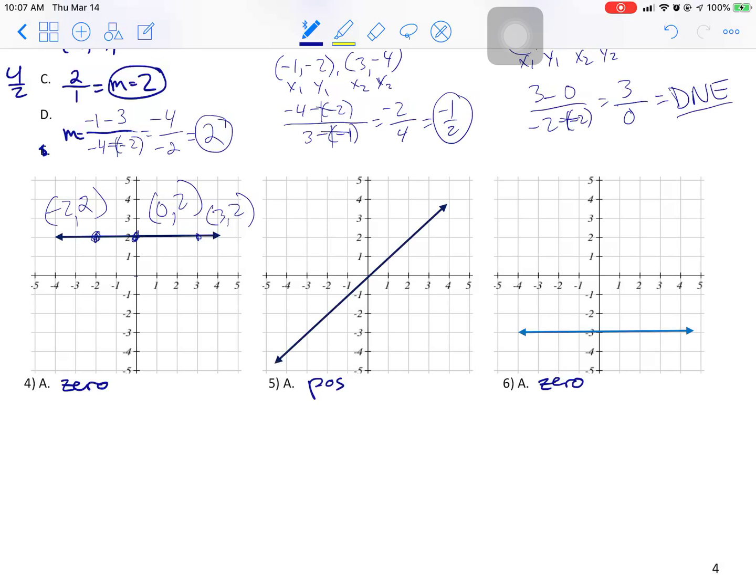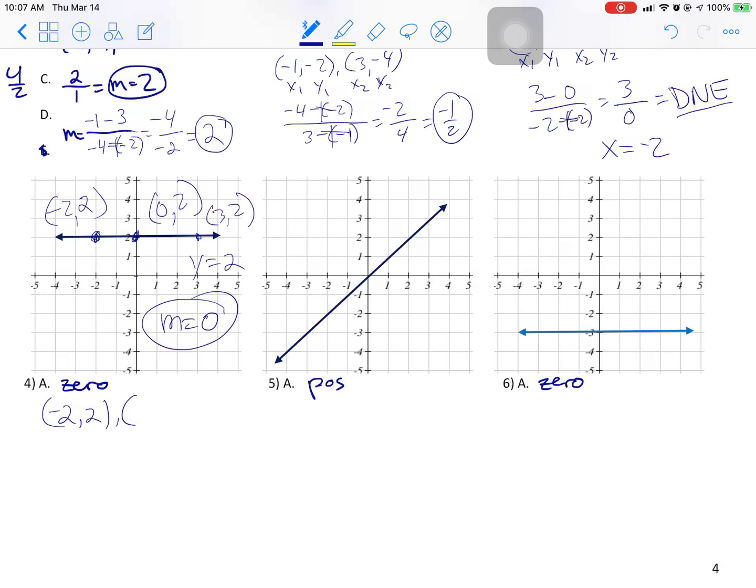We're going to get into the fact that this one is going to have the equation of the line of y equals 2. We'll get into that on the next one. But right now, those are the ordered pairs. So let's pick 2 of them. Can I do the rise over run on this? No, there's no run. The slope is 0, so there's no figuring out rise over run with these.